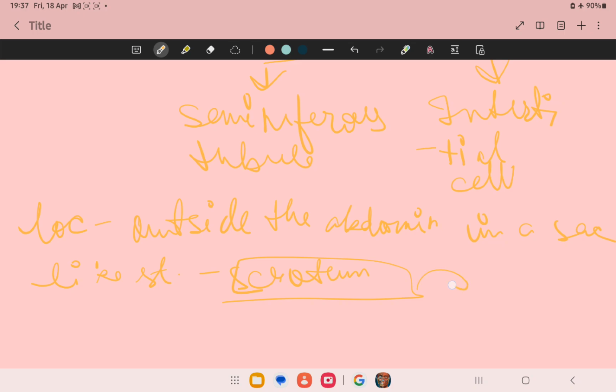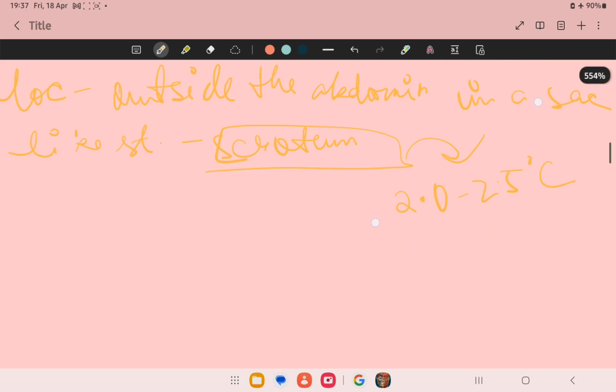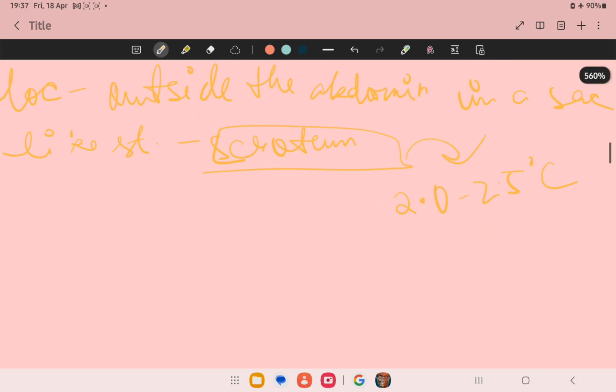It is located in the scrotum because it provides the testes a temperature 2.0 to 2.5 degrees Celsius lower than body temperature. Okay, this temperature is maintained lower than body temperature because it is necessary for spermatogenesis.